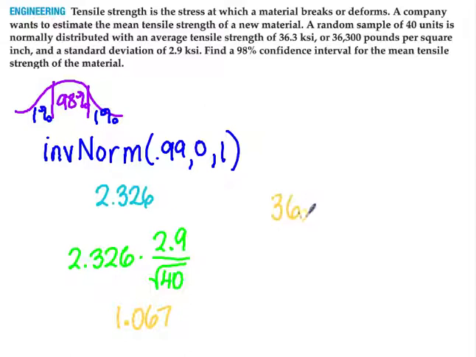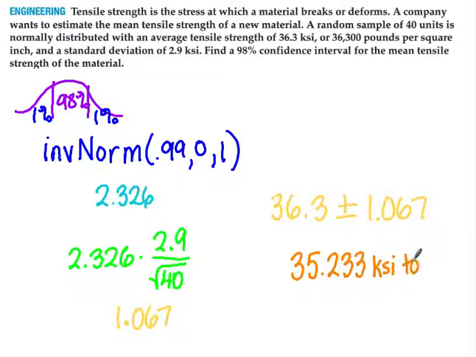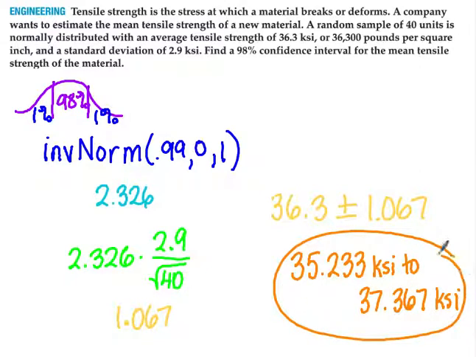Yep, 36.3, and then I'm going to add or subtract 1.067. Now when I do that, I end up getting 35.233 KSI to 37.367 KSI. So that would be a 98% confidence interval.